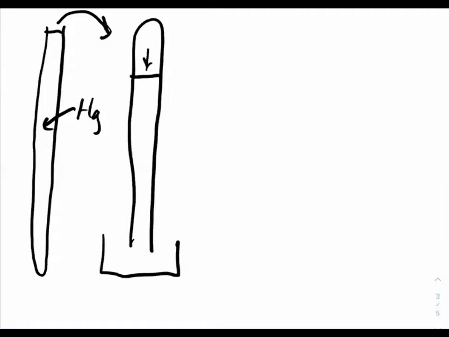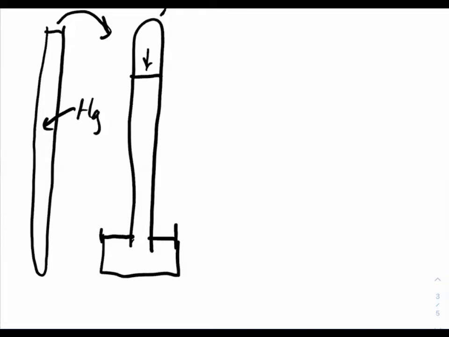Some people say the vacuum is keeping it from dropping. But it's not actually the vacuum, it's the outside pressure. If there was a hole in the tube up here, then the pressure would be pushing down on the column, but it's not, right?